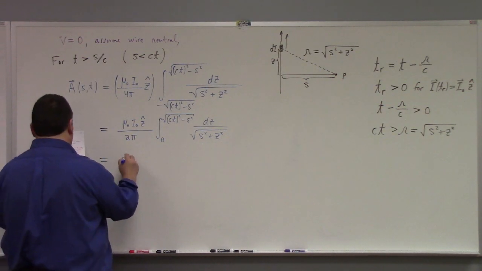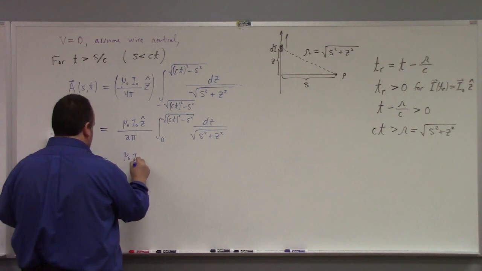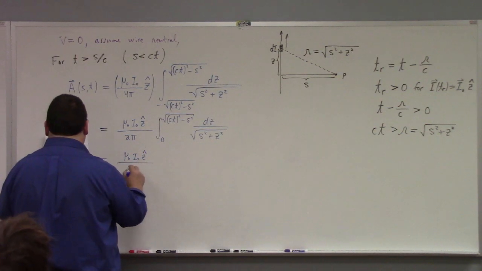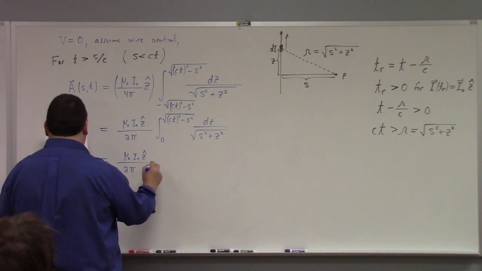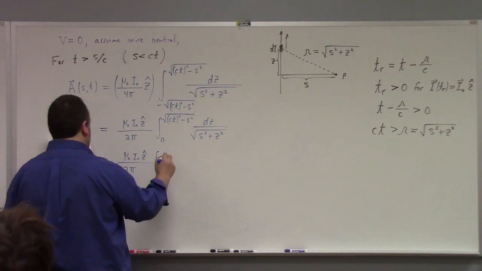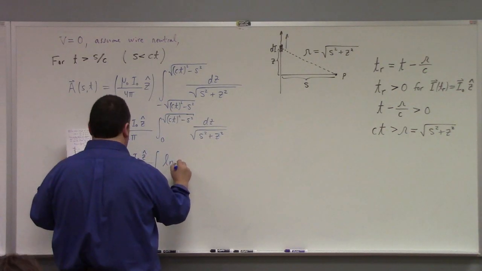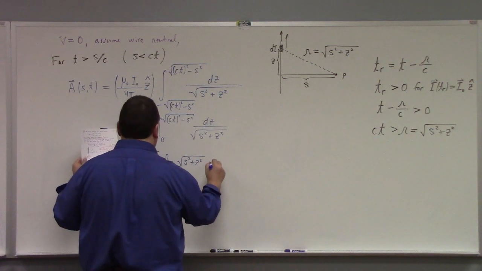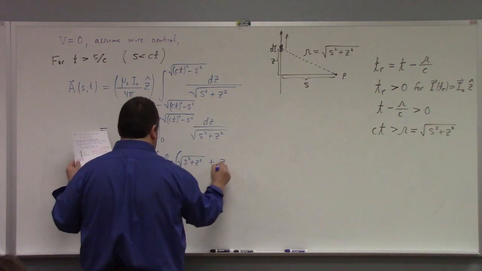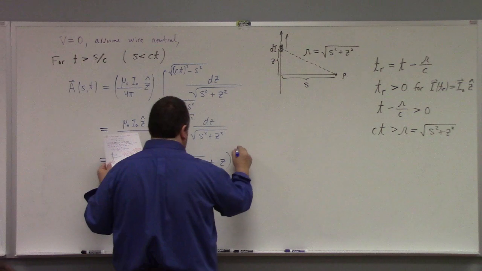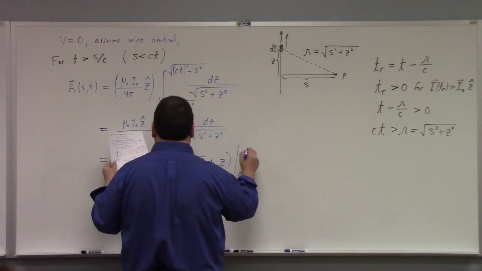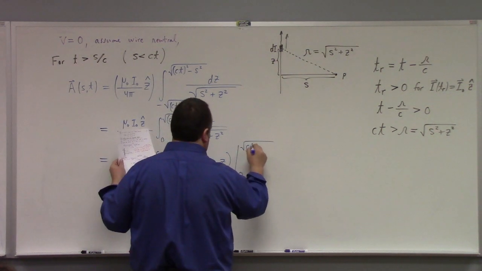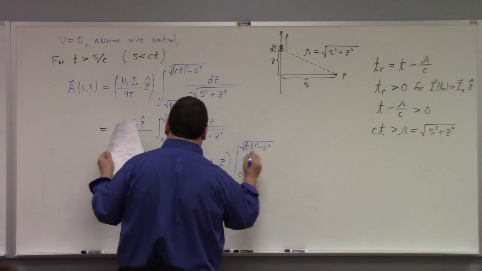So we got ourselves mu naught I naught z hat over 2 pi times the natural log of the square root of s squared plus z squared plus z, close parentheses here. Evaluate that thing from 0 up to the square root of ct squared minus s squared.